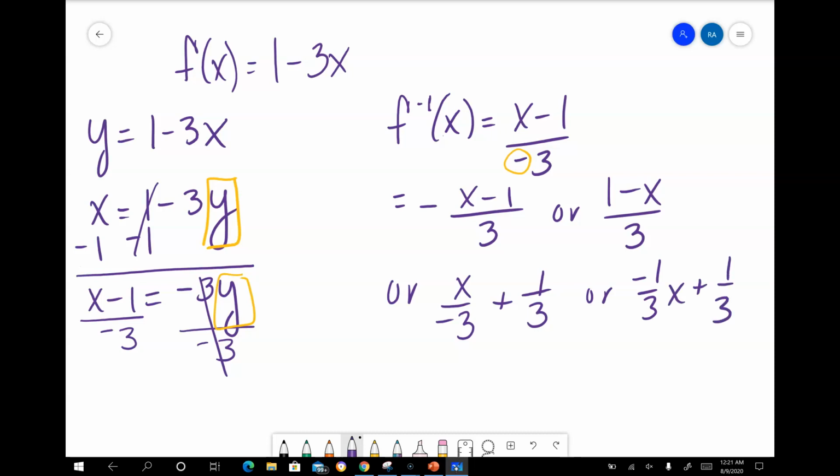I know that's crazy, but they're all the same. It's just knowing that this negative, you can play around with it a little bit. You can pull it out, or you can put it on top, and on top it just switches the signs. That's really what a negative does. It switches the signs. Then you can distribute that denominator of 3 to each term, and then we just clean it up.